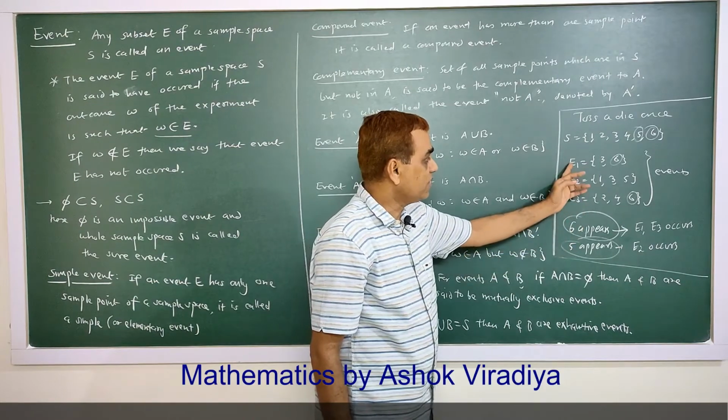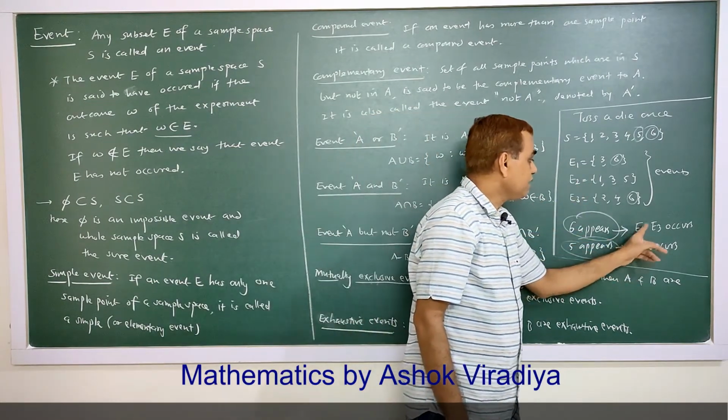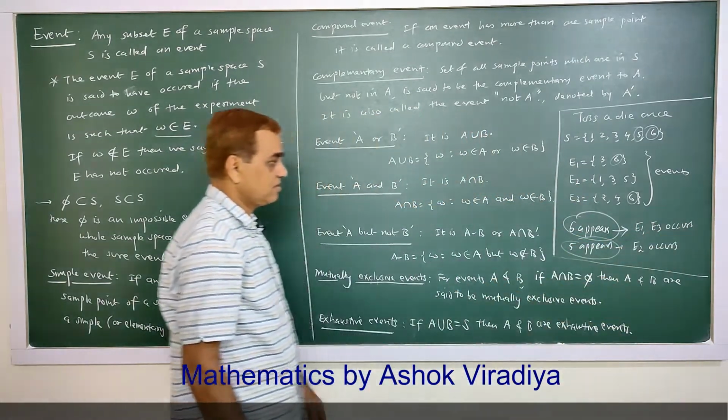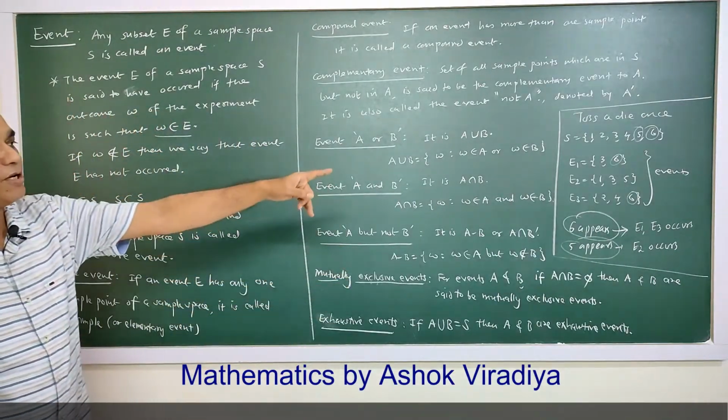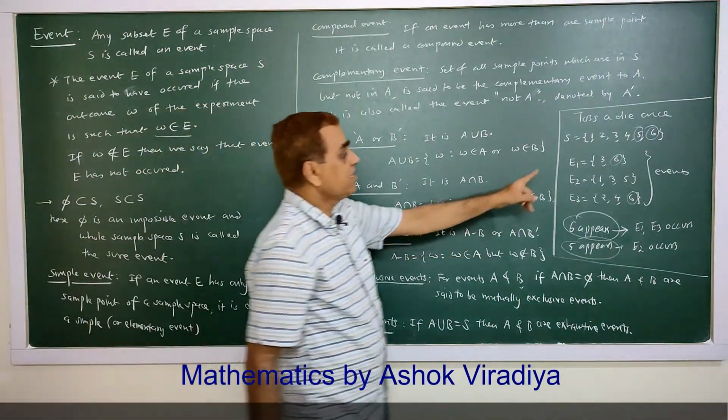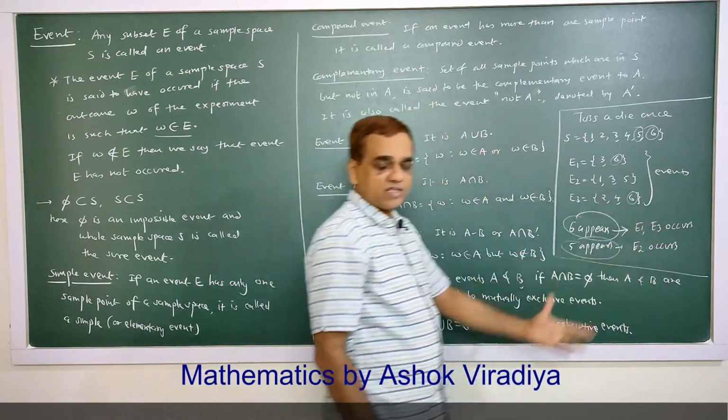This belongs to E1 and E3, so we say E1 and E3 occur. 5 appears in E2, so E2 occurs.